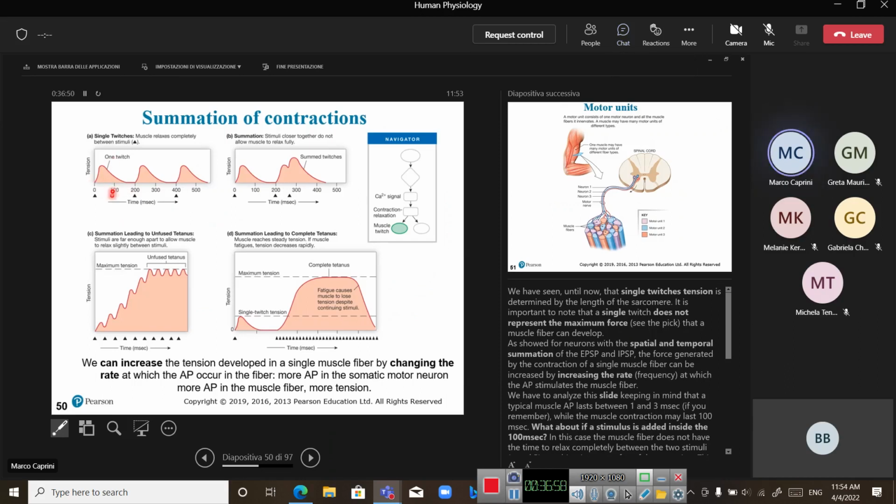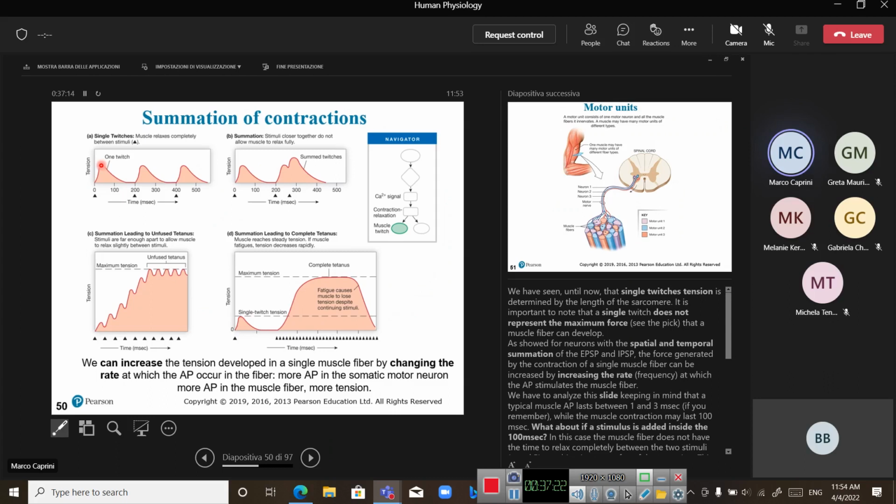And in this case, the contraction of this muscle is 100 milliseconds. And the single twitch tension is determined by the length of the sarcomere. We just have seen this point, okay?